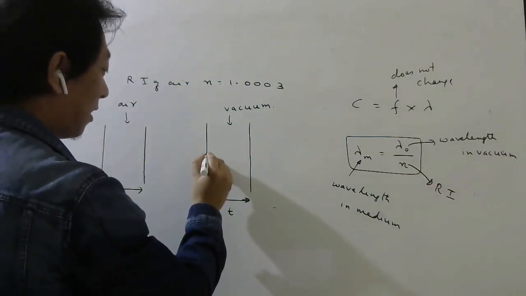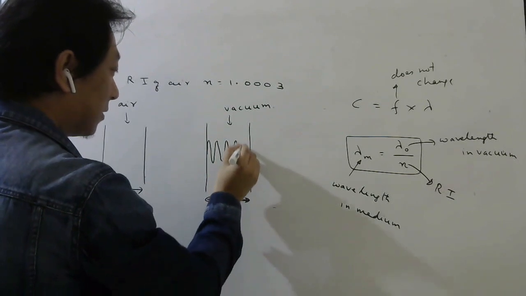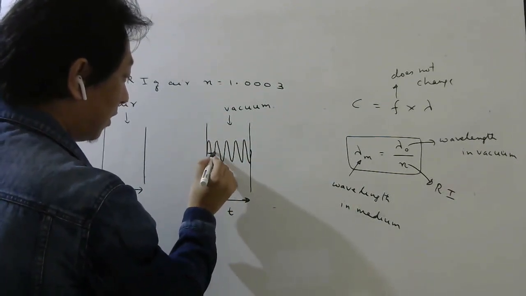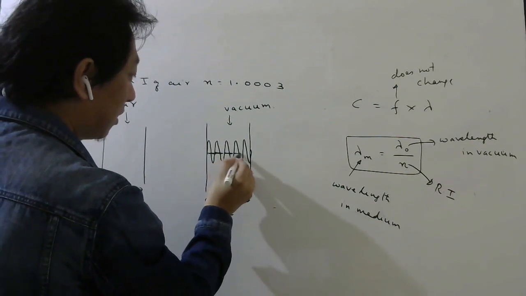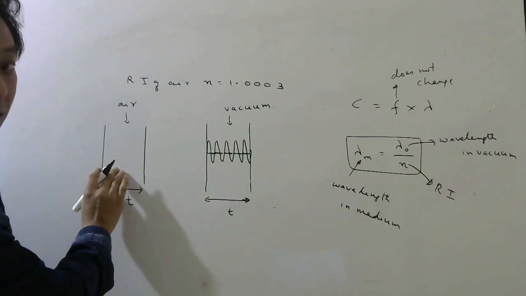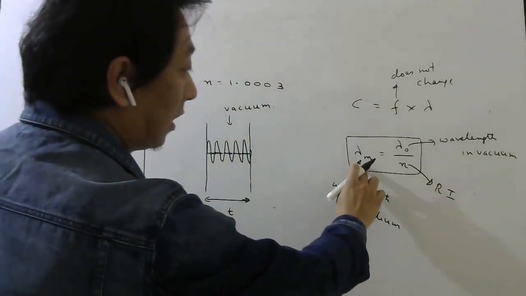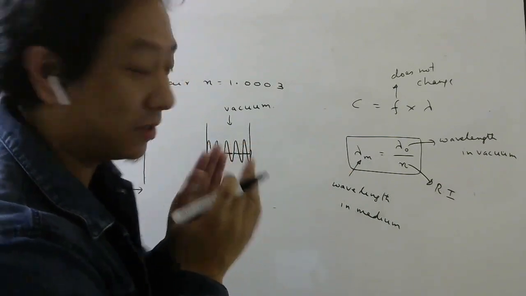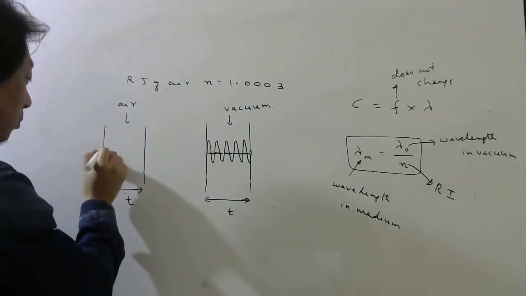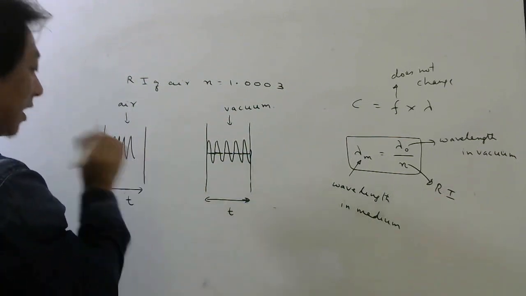So, if I am able to draw this many wavelengths, okay, this is one wavelength, two wavelength, three wavelength, four wavelength, five wavelength. Here, they are saying in air, in medium, the wavelength will be less, so these waves will be thinner, so you will be able to put more number of waves, 1 2 3 4 5 6, like that.